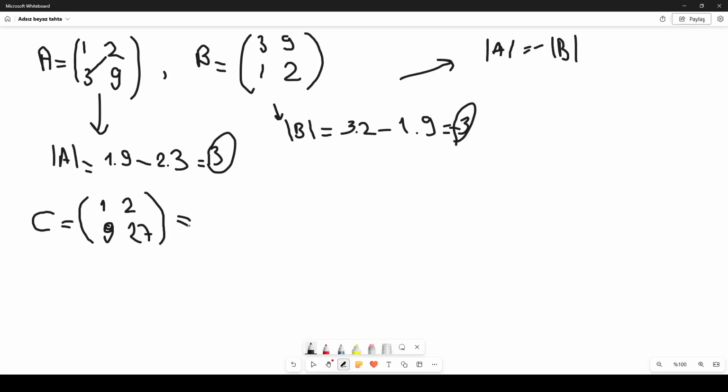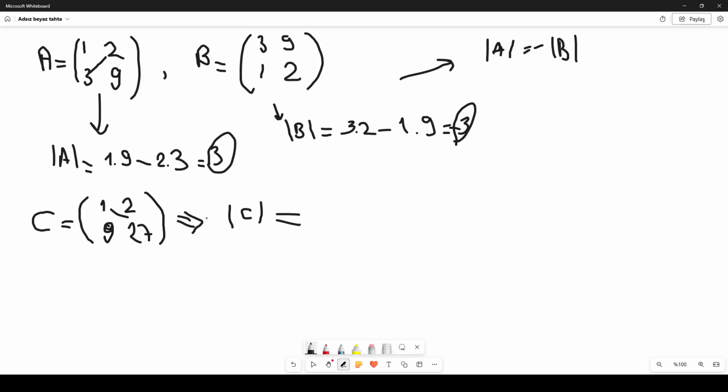If you notice, their first row is the same, 1, 2, but the second row of matrix C is multiplied by the real value 3, so by the scalar value 3. So then what is the determinant? Let's see how the determinant is affected by this situation.